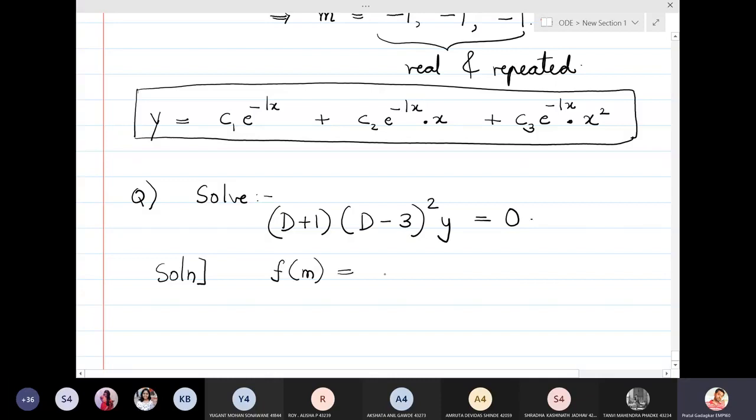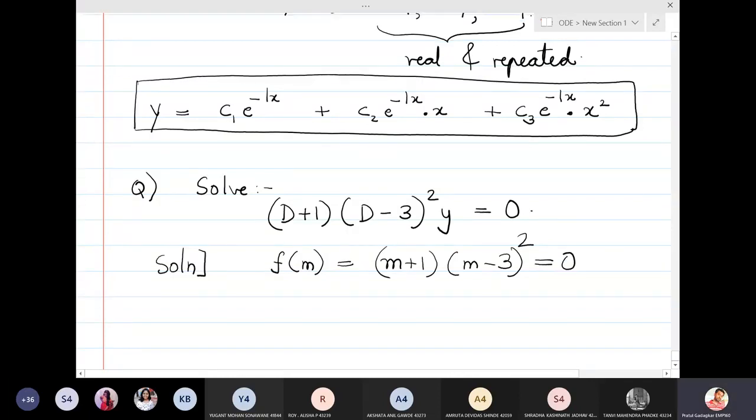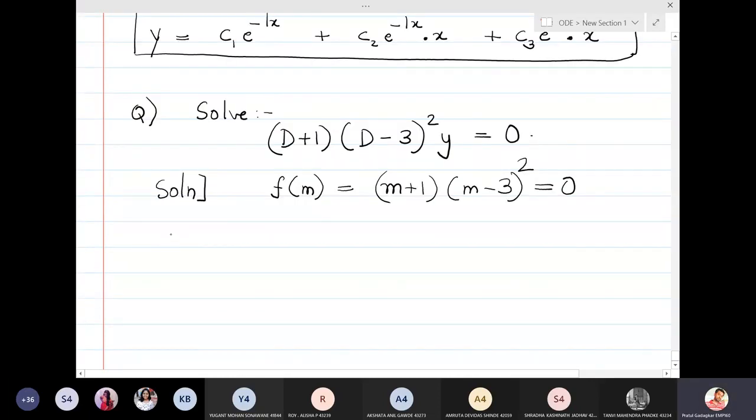The auxiliary equation is m plus 1 into m minus 3 square equal to 0. So what are the roots here now? You see some roots are different and some roots are repeated. So here you have to take the combination of that.